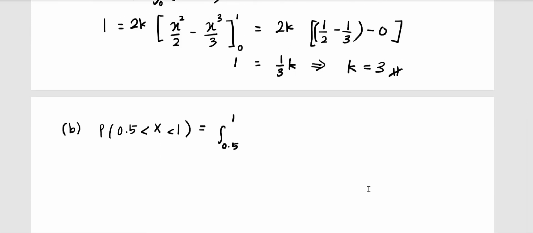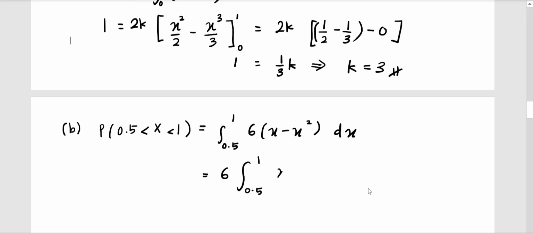So it's equal to the integral of 6 times x minus x squared with respect to x. Now 6 is a constant, so we don't need to integrate the 6, we just integrate the variables. So the integral from 0.5 to 1 of x minus x squared dx.